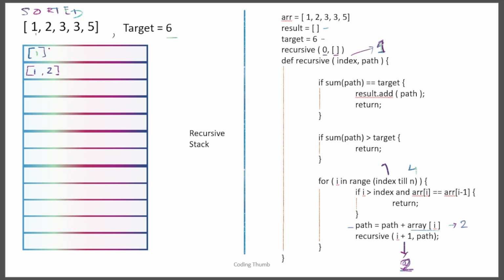And array of 2, which is 0, 1, and 2, array of 2 is 3. So now 3 is added to my path in my recursive call. So 1, 2, and 3. Now once this happens, you can see that the sum of the path is equal to the target. So we add this to our result. So this is added to the result array.